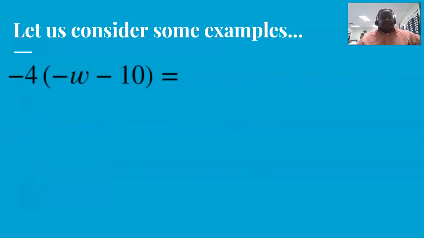If I have negative 4 parentheses negative W minus 10, how am I going to work that out? Well, I'm going to take that negative 4 and multiply it times both of those things inside of the parentheses. So negative 4 times negative W, two negatives are going to make a positive. Same thing here with the negative 4 and the negative 10. So we get a positive 4W and a plus 40.